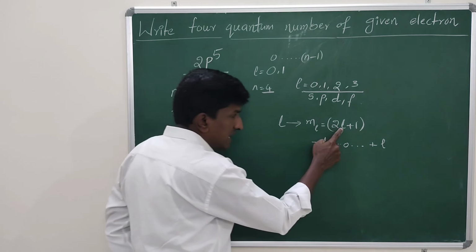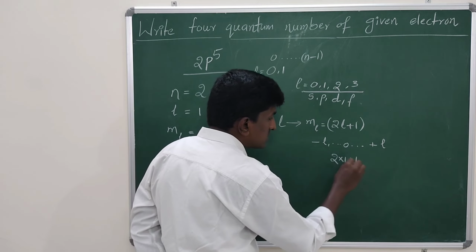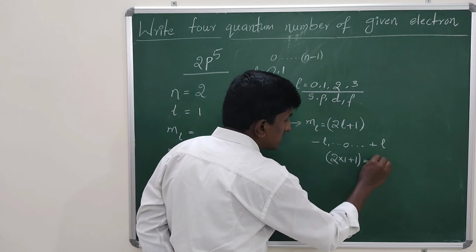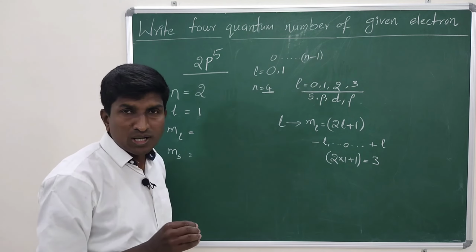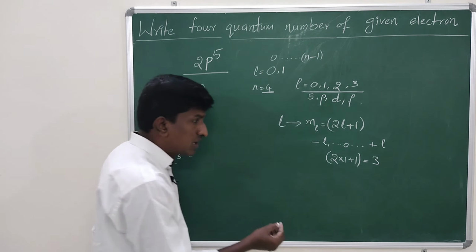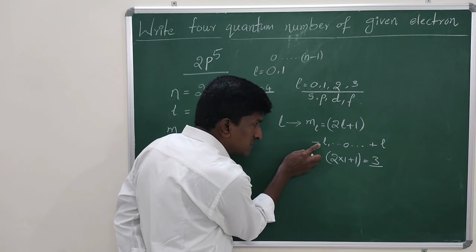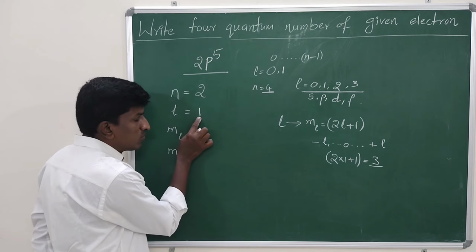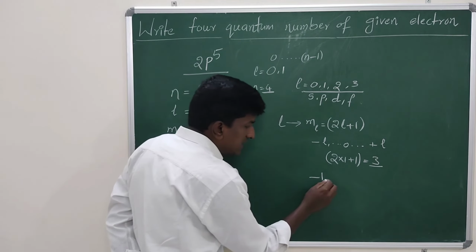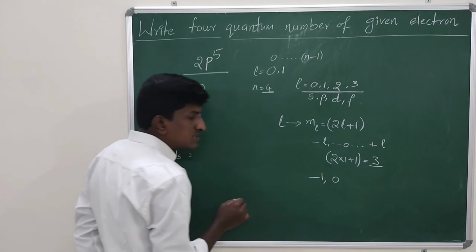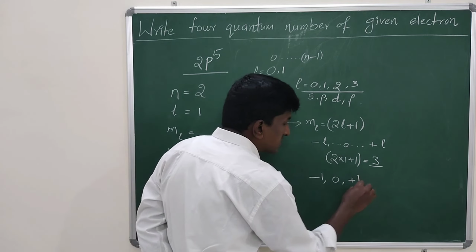So substitute the L value: 2 into 1 plus 1. How many values are there? Three ml values, three magnetic quantum numbers. Then what are those values? They start from minus L, and here L equals 1, so the first value is minus 1, then 0, and then plus 1.